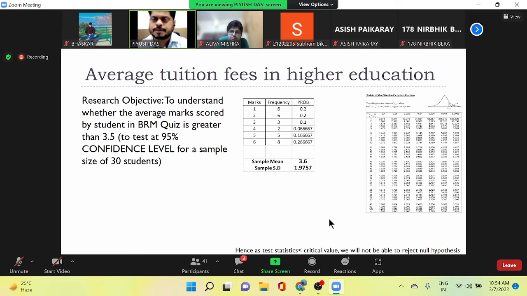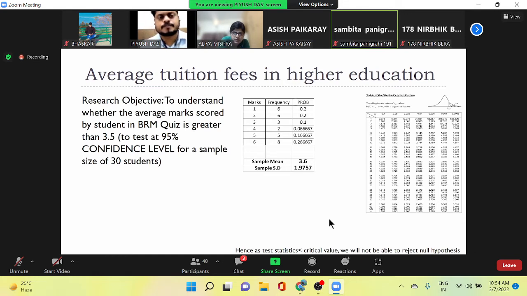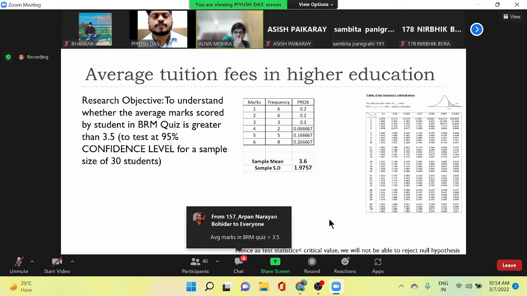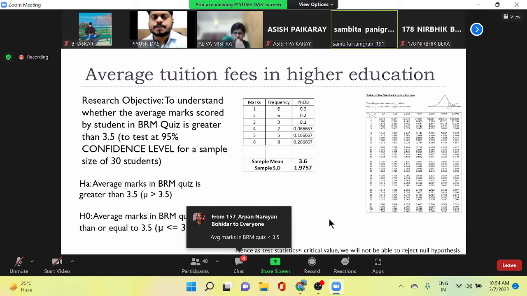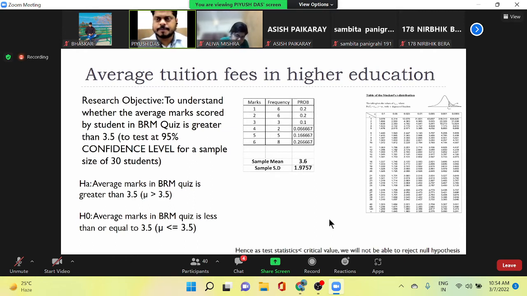My research objective is to check whether students score better than 3.5. The average marks in the BRM quiz is greater than 3.5. Mu is the population mean, the population meaning 350 students. If I take a quiz, the average marks will be greater than 3.5. Then the null hypothesis will be less than or equal to 3.5.